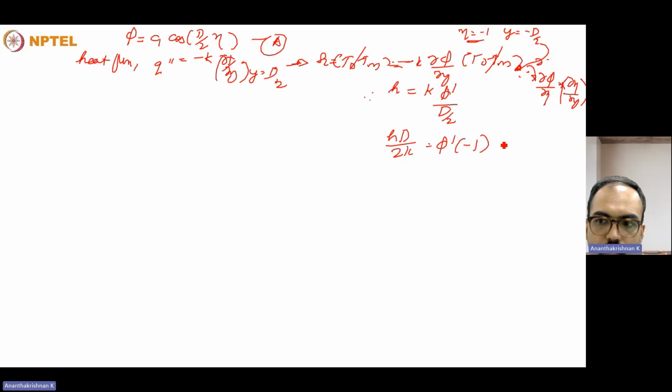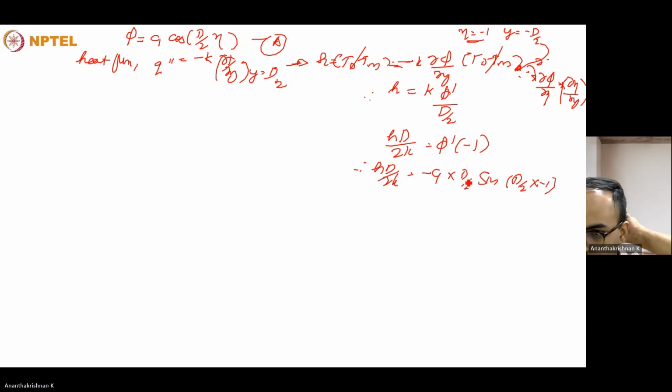So this is one equation, and substituting phi dash is equal to minus C1 sine of pi by 2 eta, with eta equal to minus 1, we can write HD by 2K is equal to minus C1 into pi by 2 sine of pi by 2 into minus 1. So sine of minus pi by 2 is equal to minus 1.